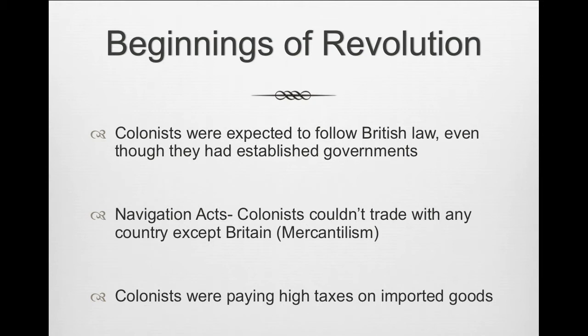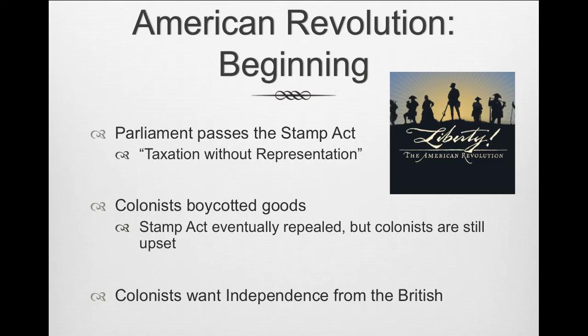They were upset about the tariffs, and they were really upset about the restrictions of trade that England was putting on them. And the way that they do that, in 1765, Parliament decides to pass the Stamp Act.